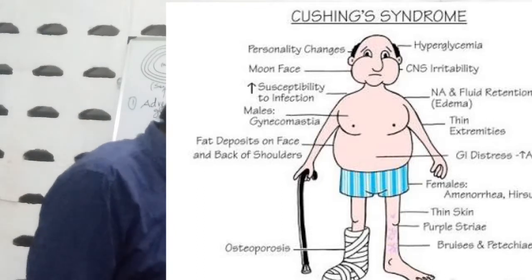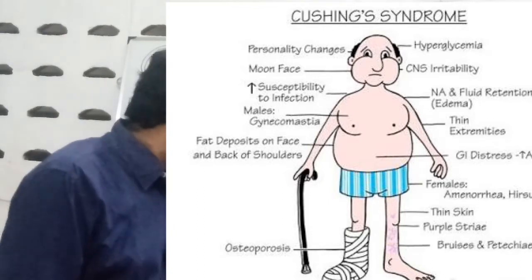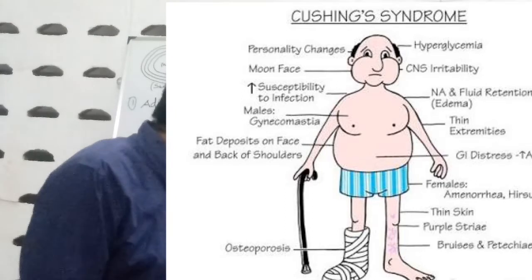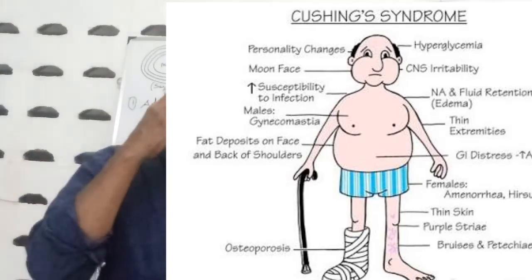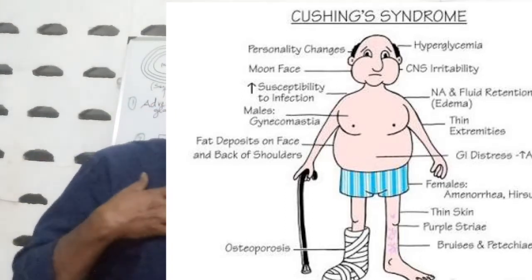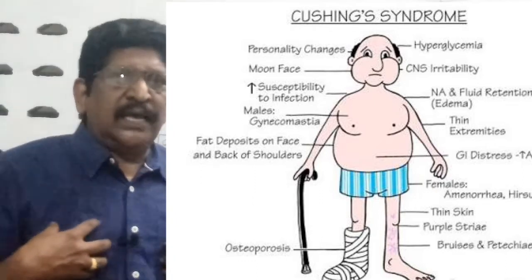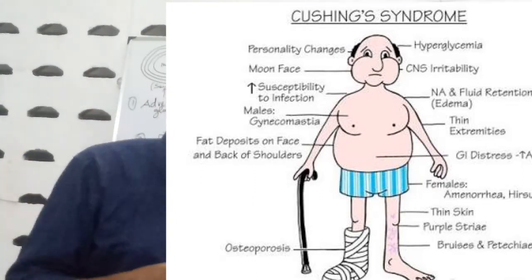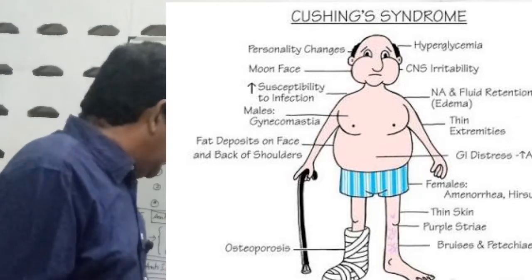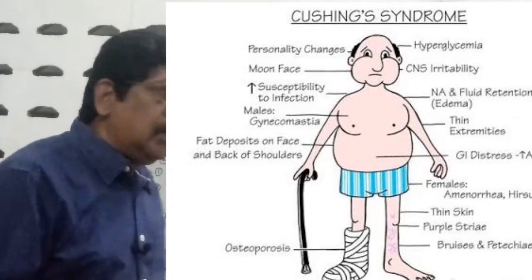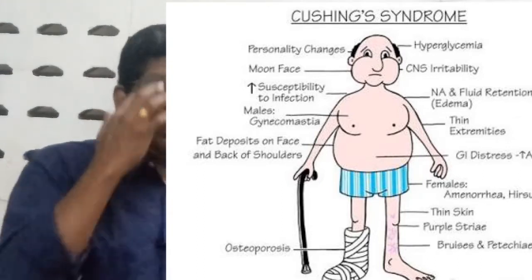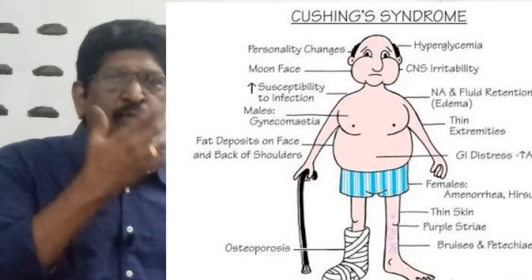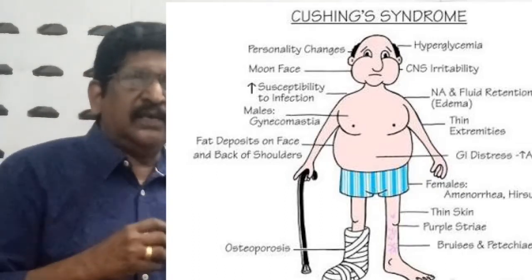And then another important external feature, you can see fat deposition on the upper part of the body. So more fat on the face and on the chest. So it is ideally called the moon facies and buffalo torso. Moon facies means the face will be round like a moon with blushiness.